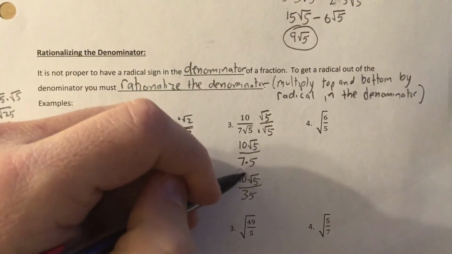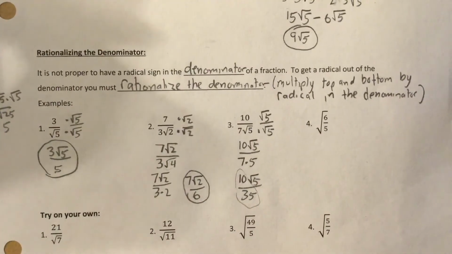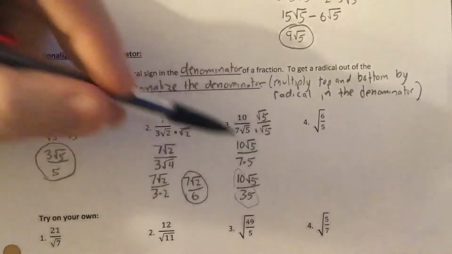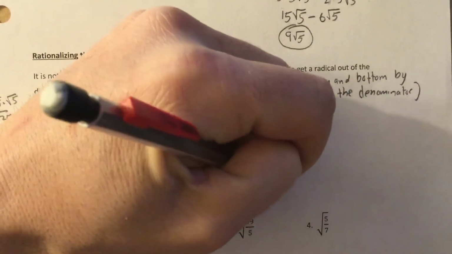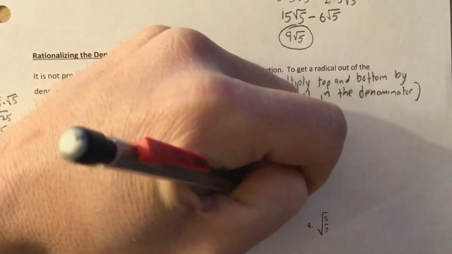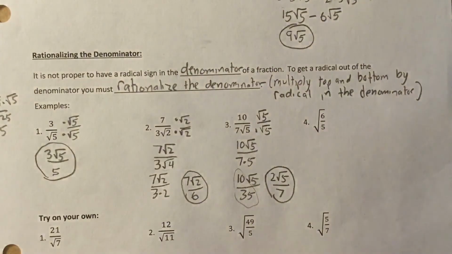And then we reduce 10 over 35. 5 goes into 10 2 times, 5 goes into 35 7 times. So I'd end up with 2 root 5 over 7. That's the final answer.